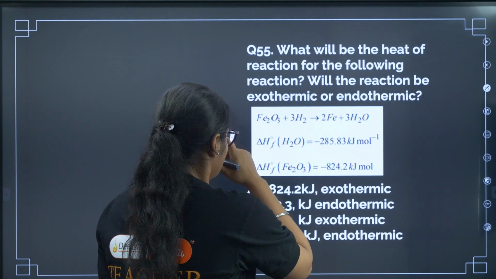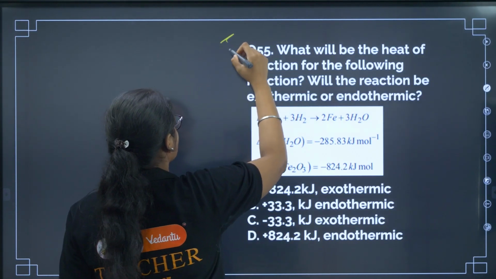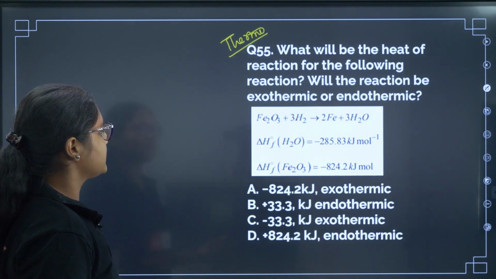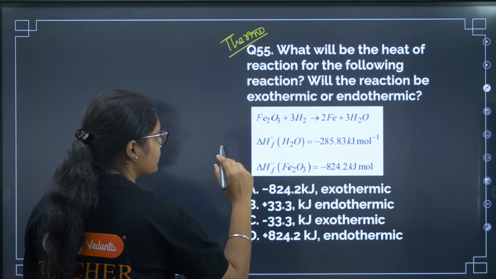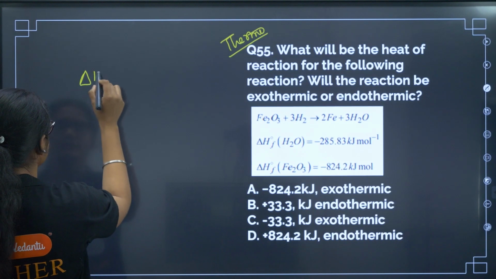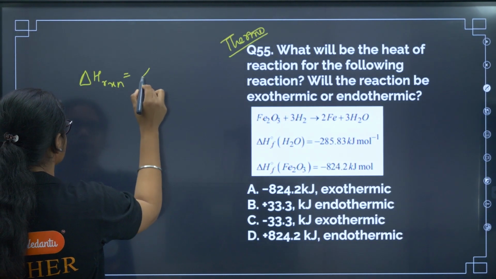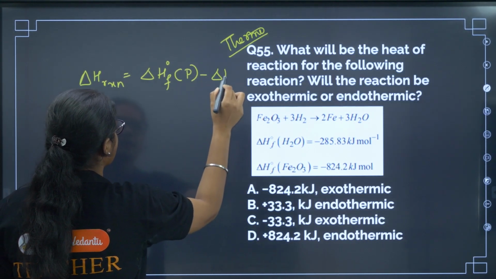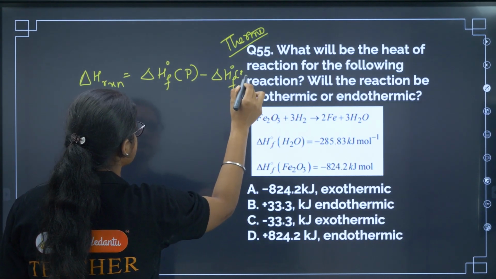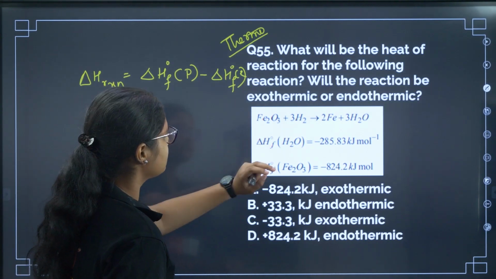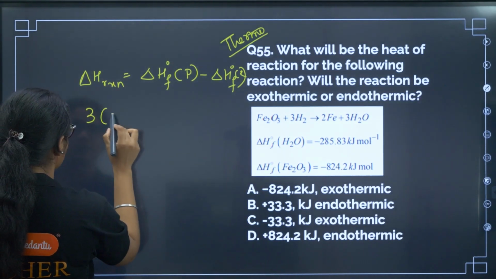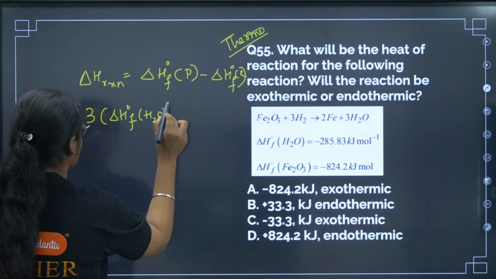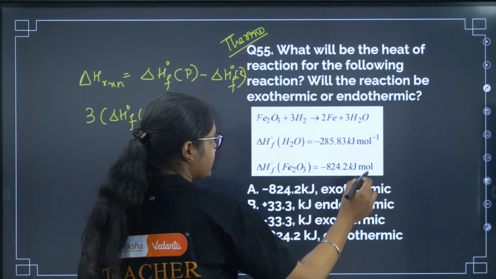Okay, next. What will be the heat of reaction? So we have come to thermodynamics now. You have to find out whether the reaction is exothermic or endothermic. What is the formula? Delta H of the reaction is equal to delta H formation of products minus delta H formation of reactants. In this equation we can write 3 times delta Hf of water, and Fe is already in its native state.